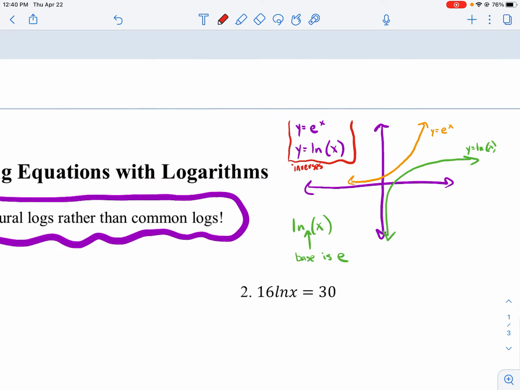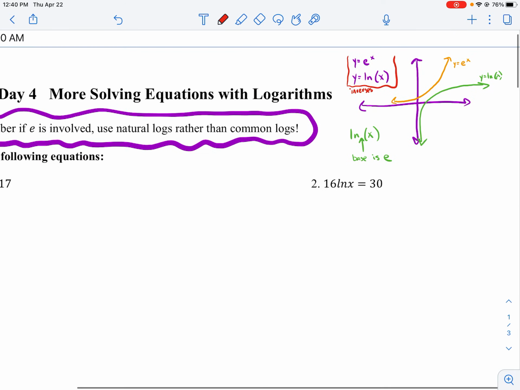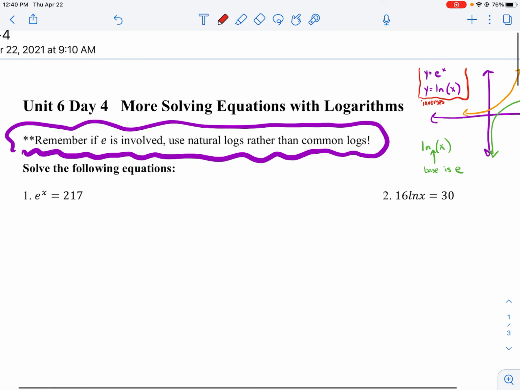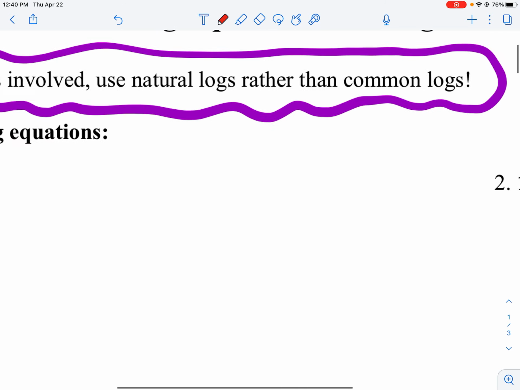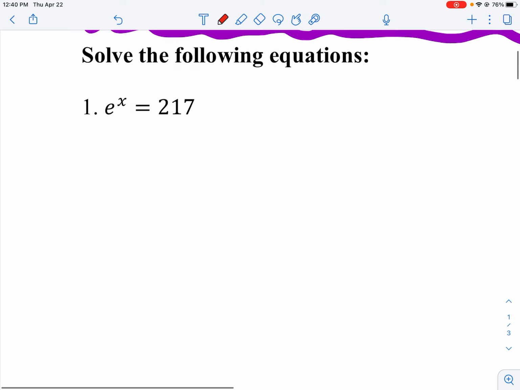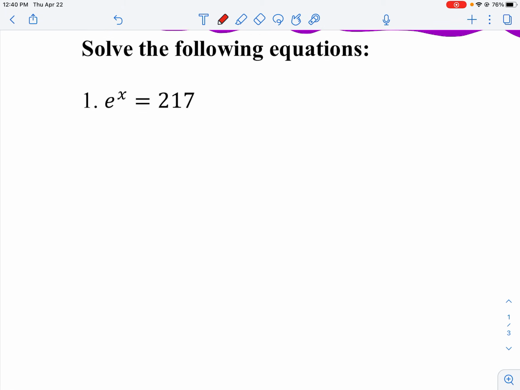Let's take a look at our first problem. It states that e to the x is equal to 217. Remember, e is an actual number. Let me go to my calculator here.